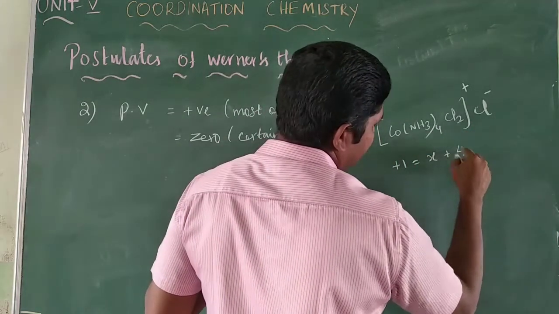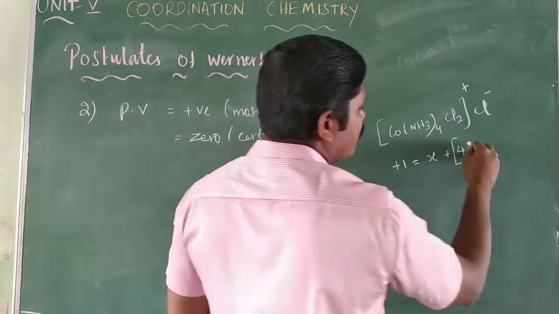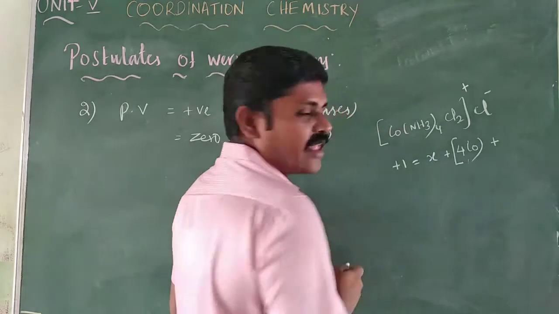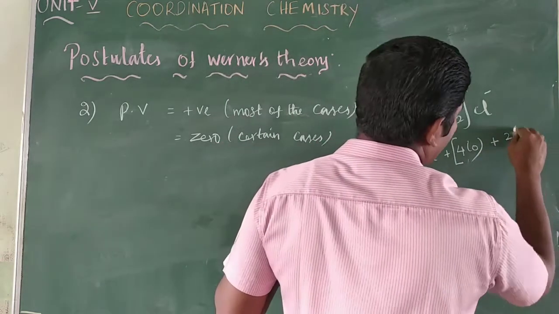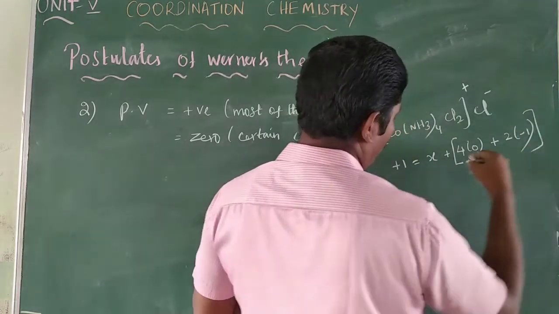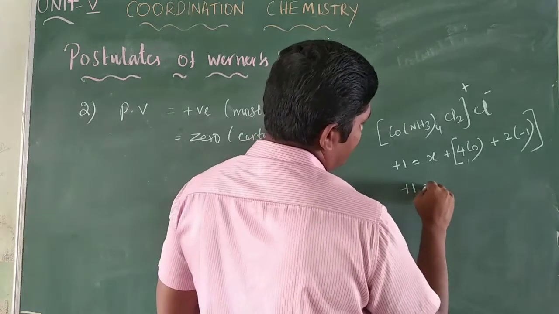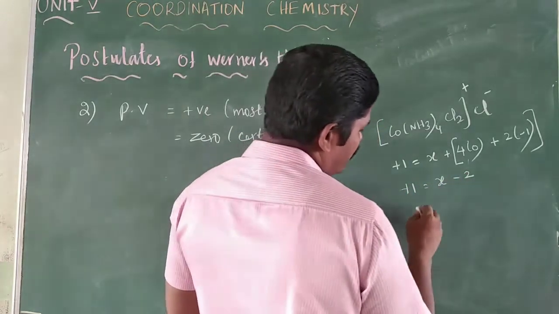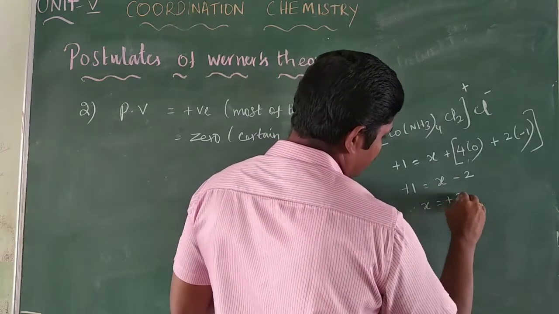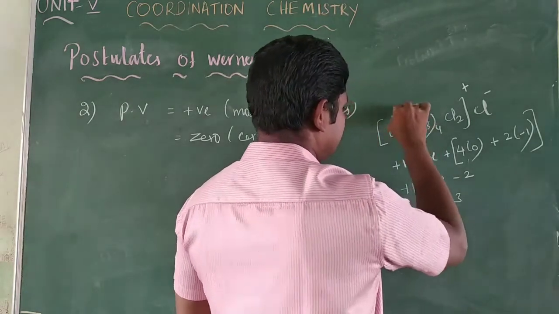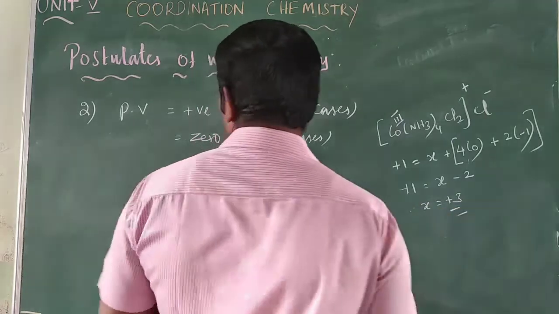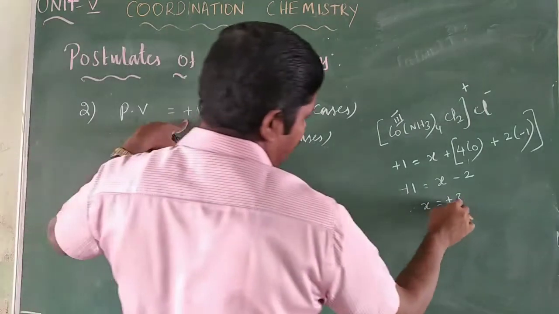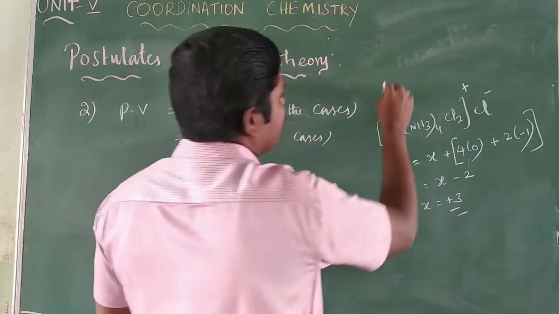The number of neutral ligands is 4, into 0, plus the negative ligands, 2 into minus 1. So plus 1 is equal to X minus 2. Therefore, X is equal to plus 3. The primary valency of the central metal ion is positive in most of the cases.